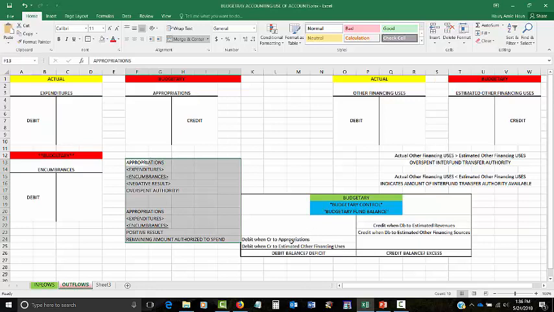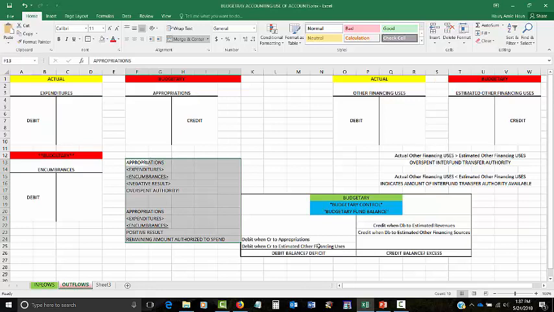But look what we're going to do when we record appropriations and when we record estimated other financing uses. We're going to debit the BFB account when we put those budget items in. Alright, so this BFB account allows us to do some things.